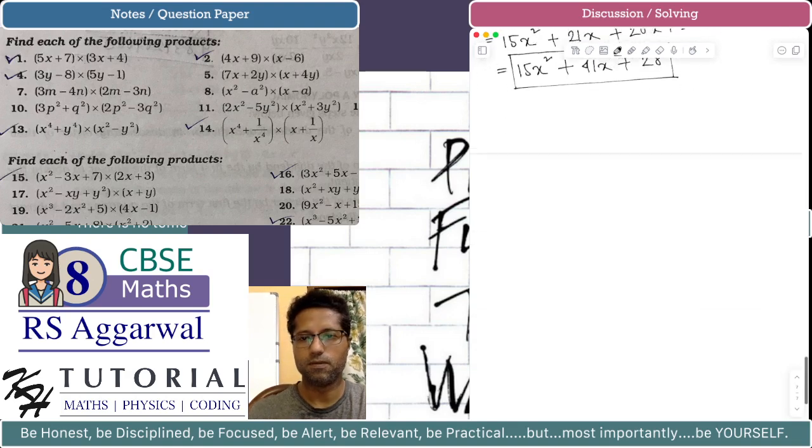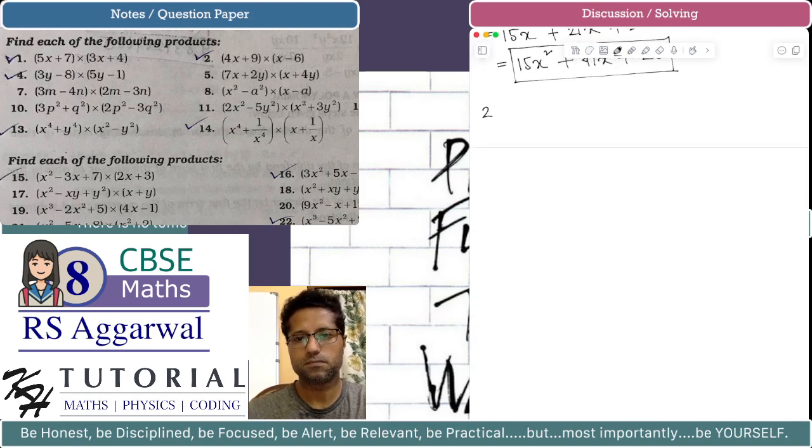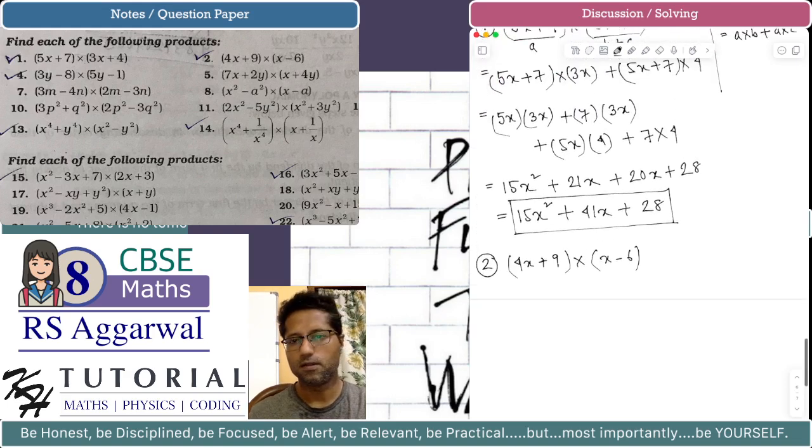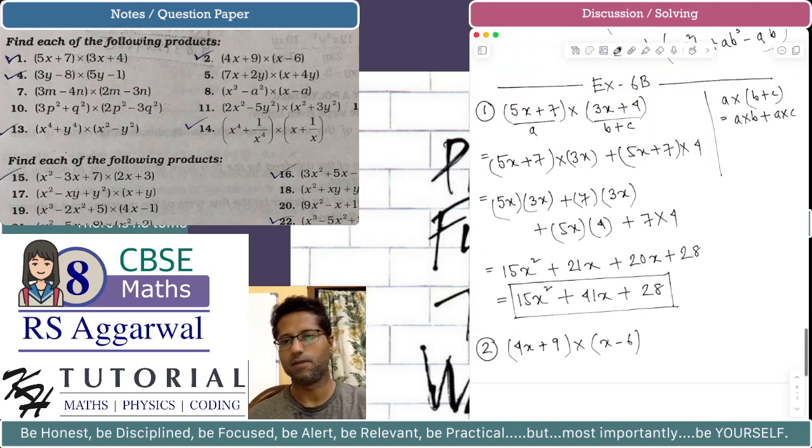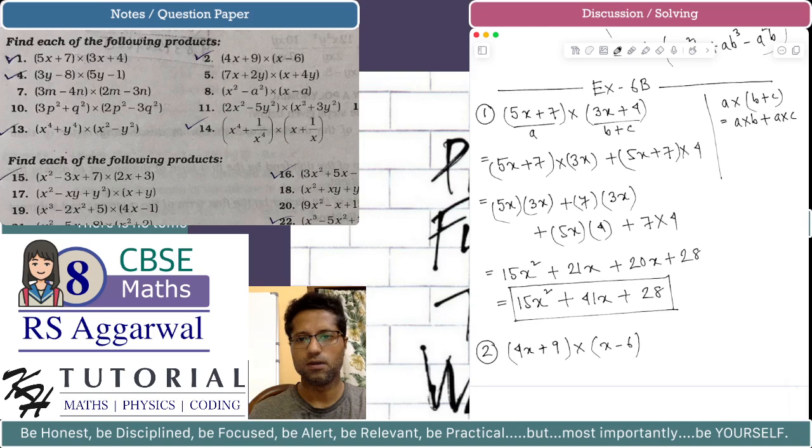Let's do problem number 2. This is 4x plus 9 multiplied by x minus 6. Now in the first problem, I considered the first binomial as A and the second binomial as B plus C. You can also do the other way around.